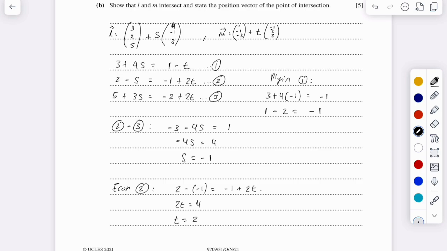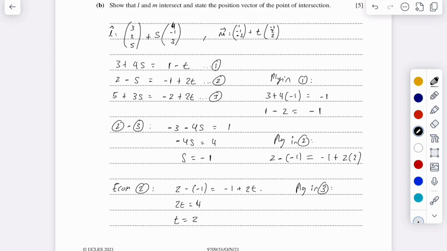And looking at equation 2, 2 minus 1 equals minus 1 plus 2 times t. 3 equals 3, yes.